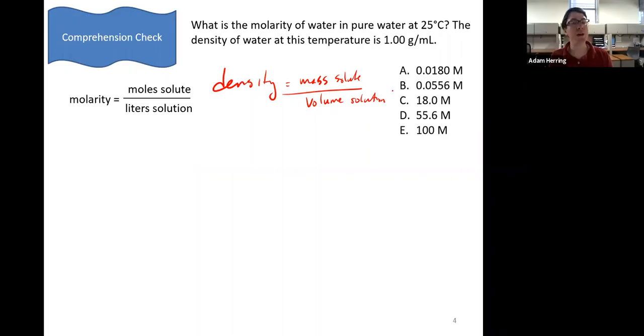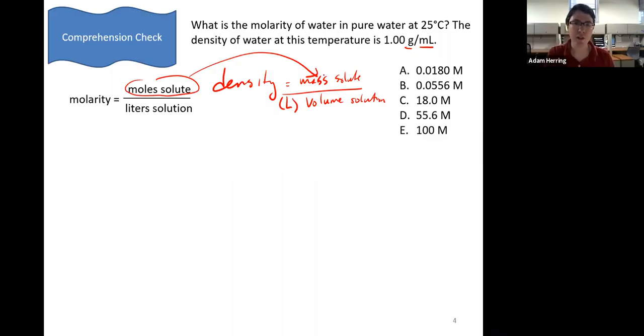So what we need to do then, if we compare these two types of units, is we see that we're converting moles of solute into mass of solute, assuming that our volume of the solution for density is in liters. We can see that we're given it in grams per milliliter, so we know that we're going to need to convert from milliliters to liters.